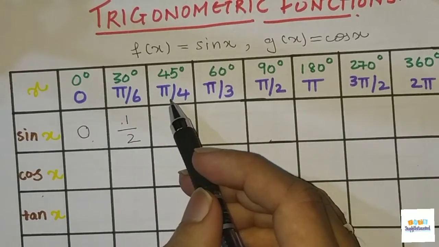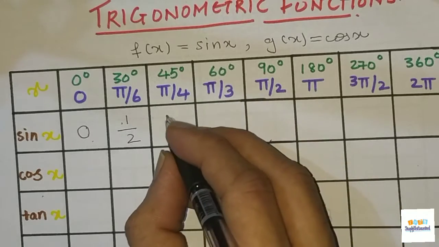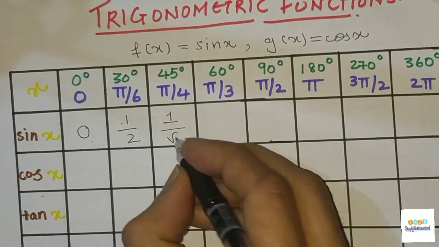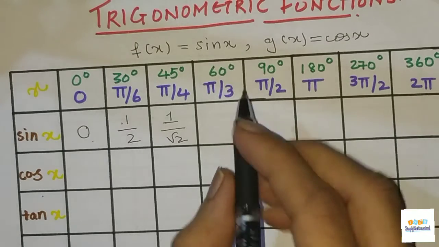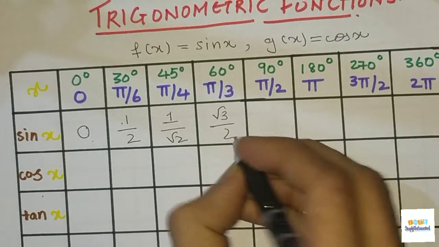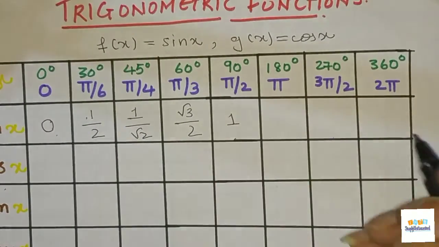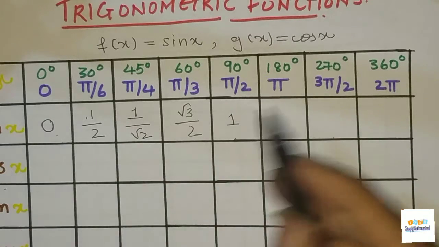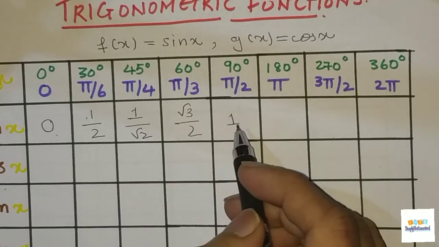Sine of pi by 4 or sine of 45 is 1 by root 2. Sine of 60 degree is root 3 by 2. Then sine of 90 degree is 1. This row you know already from the 10th standard.